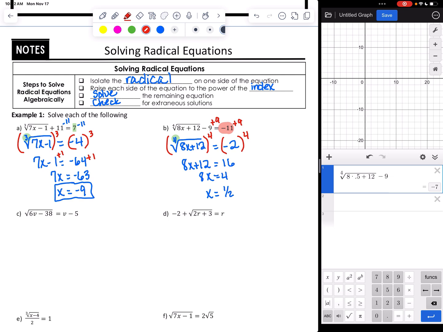Unfortunately, we got negative 7. So what that tells us is this is an extraneous solution.